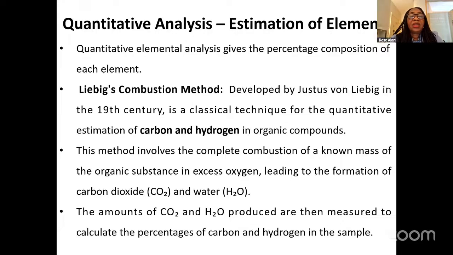This method was developed in the 19th century by Justus Liebig. It's a classical technique for quantitative estimation of carbon and hydrogen in organic compounds.